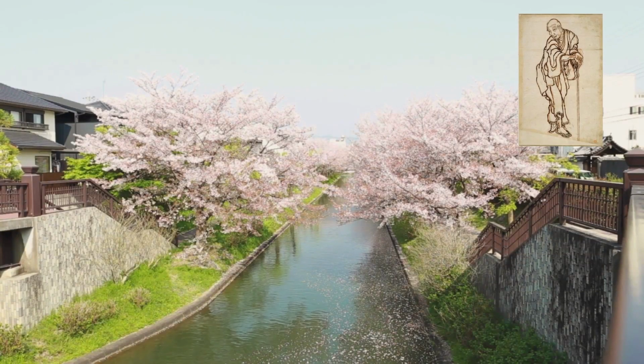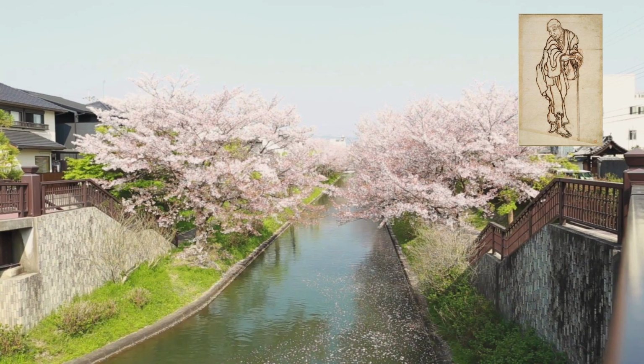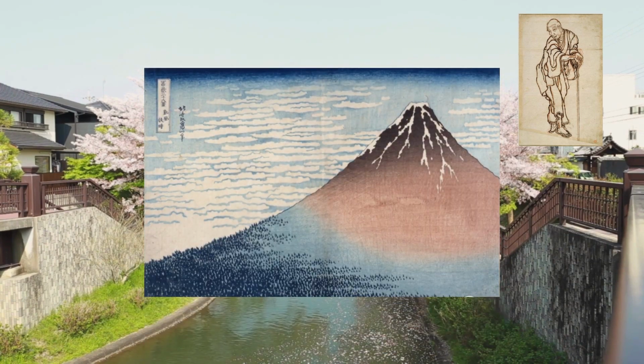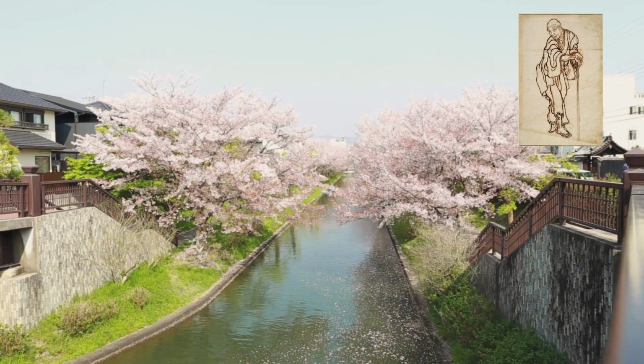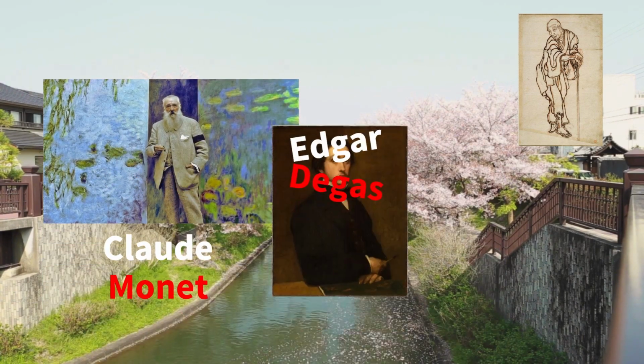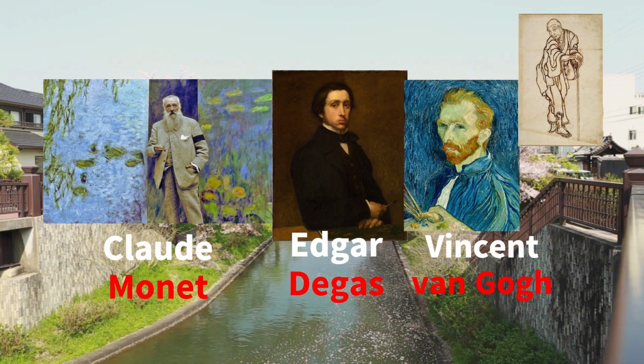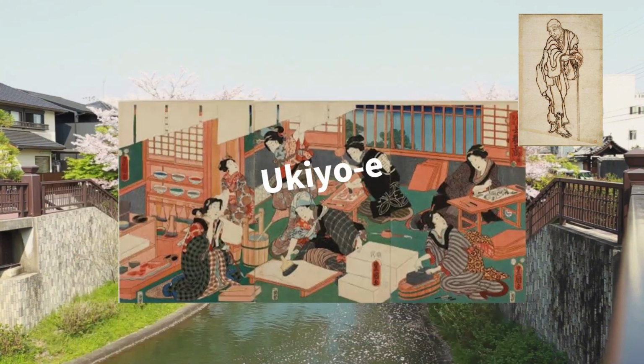Hokusai had a long and prolific career, influencing artists both in Japan and the West, especially during the Impressionist movement. Impressionist artists such as Claude Monet, Edgar Degas, and Vincent van Gogh were profoundly influenced by ukiyo-e.